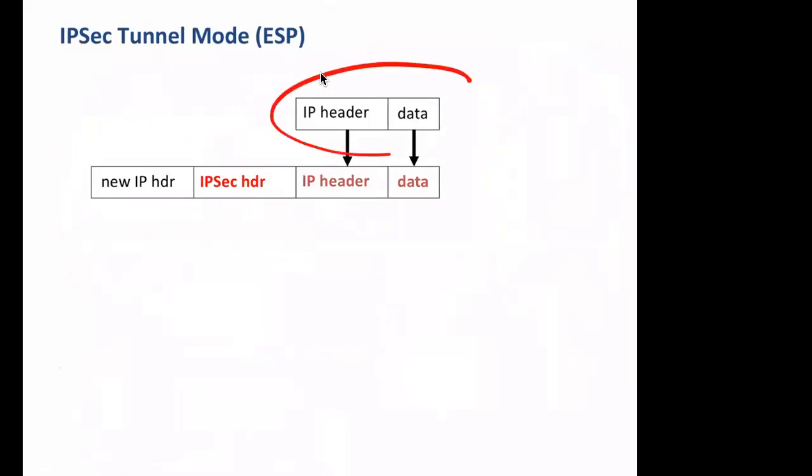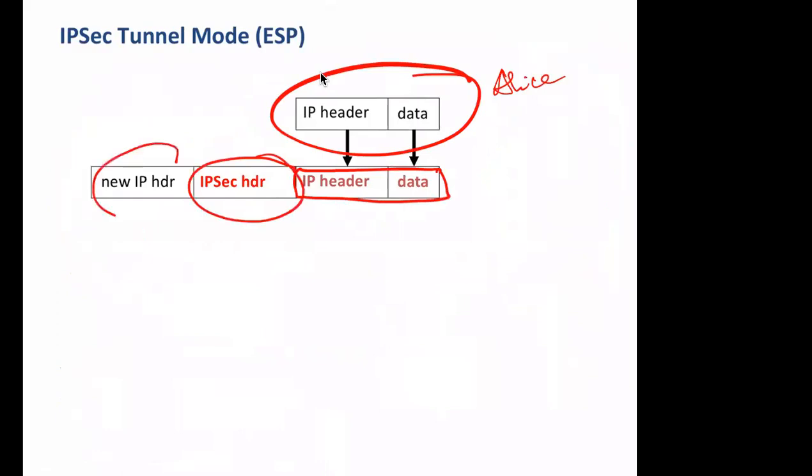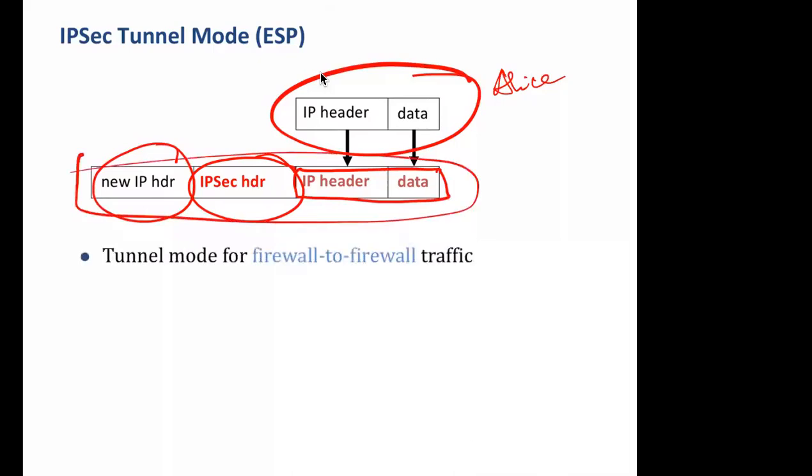Alice's machine generates this, and that becomes part of the packet. To that, a new IP header is to be added, because this is encapsulation.